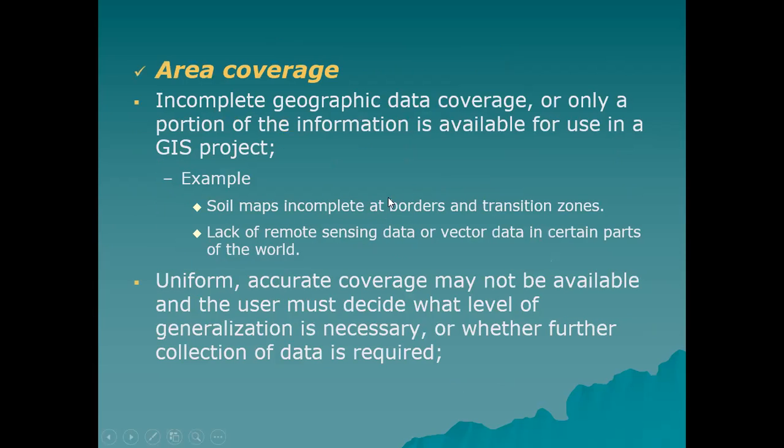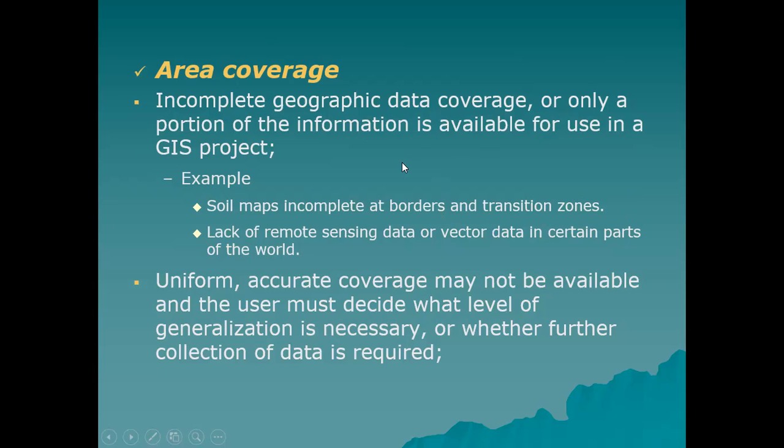The area of coverage, meaning incomplete geographic coverage. For example, you may have, let's say, a satellite image where some parts are covered by cloud cover and other parts are clear. So it's incomplete data. Other examples, your soil map may be incomplete at borders and transition zones.